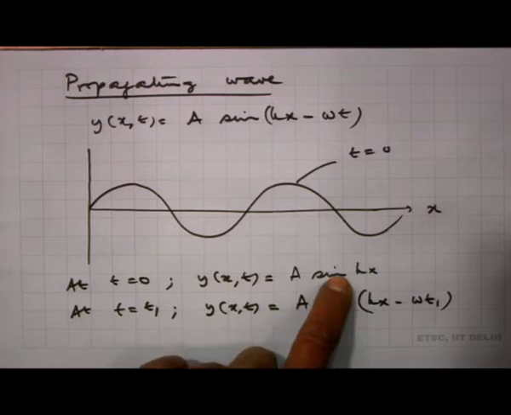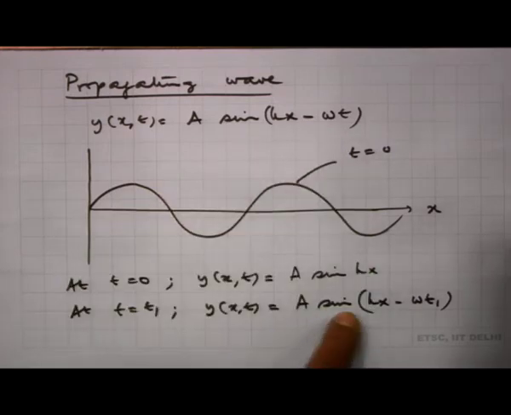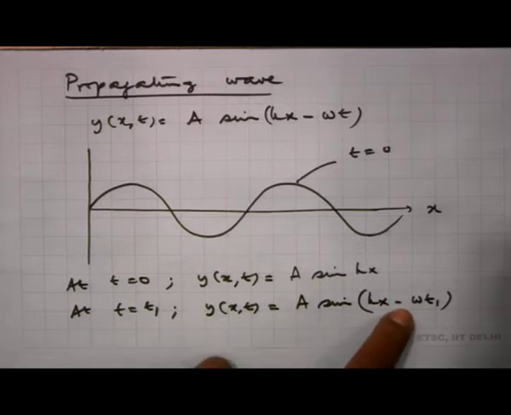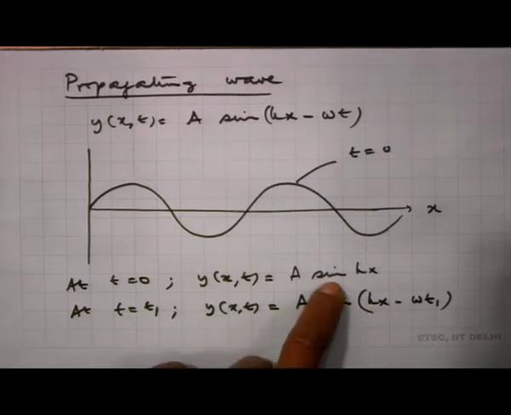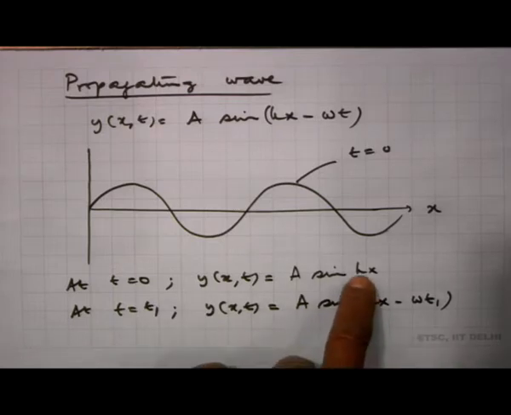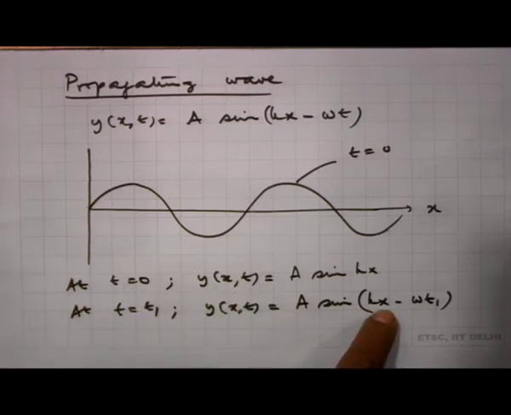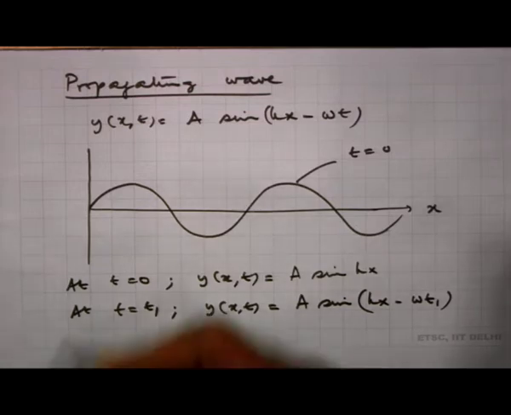This was at t equal to 0, where I had sin kx, and this is at t equal to t1, where I have sin(kx minus omega t1). Now, this is the same sine function as before, except that it is displaced. The argument was 0 at x equal to 0, and this argument will be 0 at x equal to omega t1 by k. So the string will now look something like this.